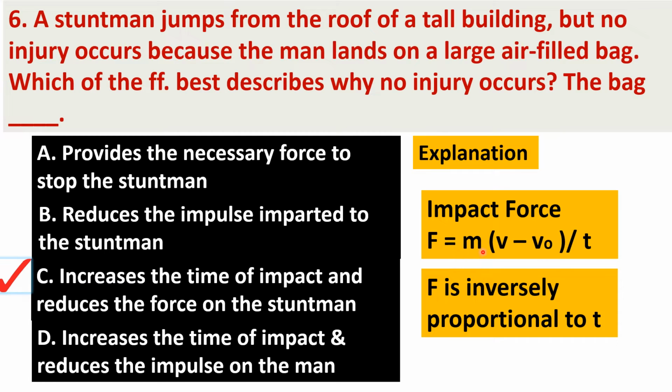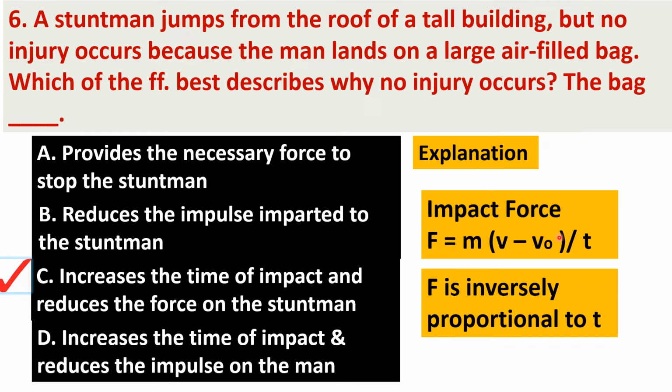In the formula, the mass and the change in velocity are supposed to be kept constant. And that really is what is happening, because the stuntman, who has a specific amount of mass and change in velocity, you can imagine that the change in velocity would not change at all.